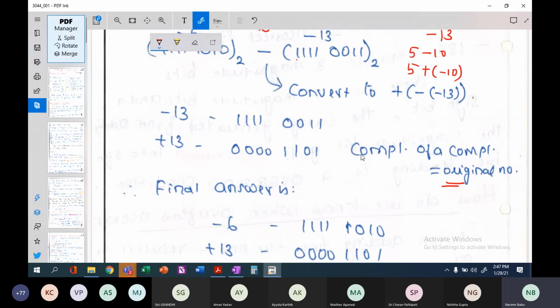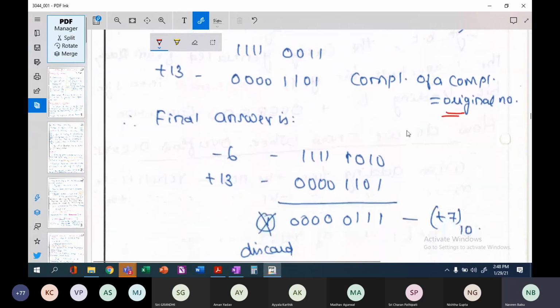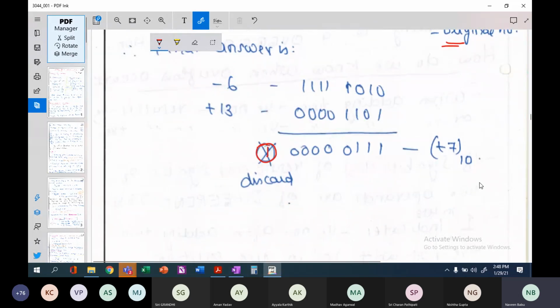So what will be the final answer? Let us add. Minus 6 is represented as a ones complement value 1111010, and plus 13 is represented as this, and all you need to do is addition. So 1 plus 0 is 1, 1 plus 1 is 0 with carry, and so on, and then there will be a carry of 1. Now, always when you are doing the complement subtraction, the carry is discarded.